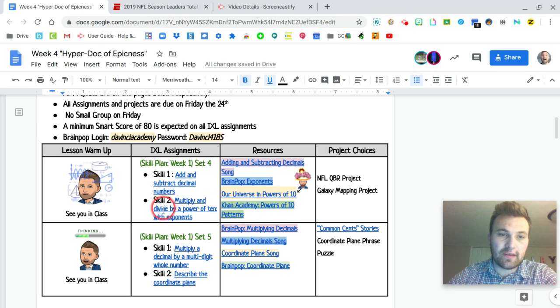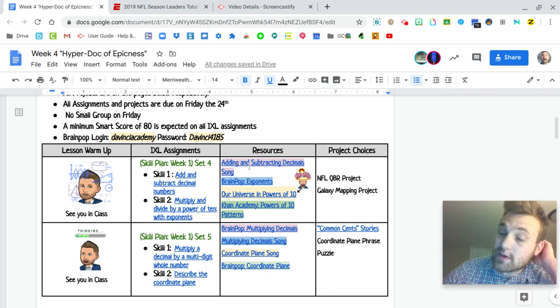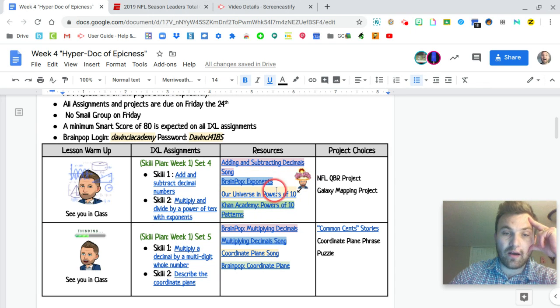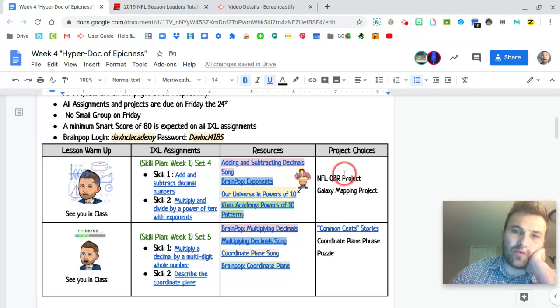Here are resources that relate to these 2 skills: an adding and subtracting decimals song, which is a catchy song on YouTube; BrainPop exponents, a link to the BrainPop video covering exponents; a mind-blowing video on our universe in powers of 10, very interesting; and a Khan Academy video on powers of 10. So you've got a number of resources that should help if you get stuck, forget, or are confused.